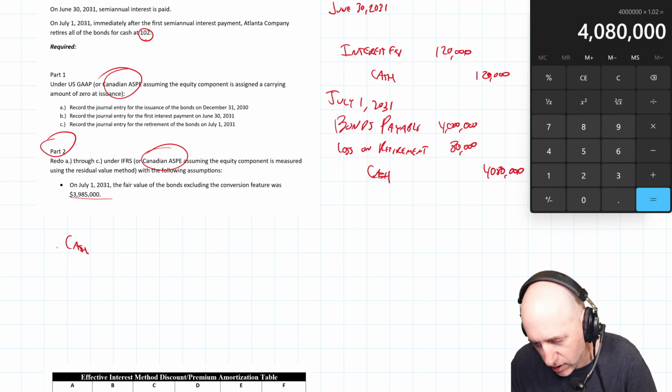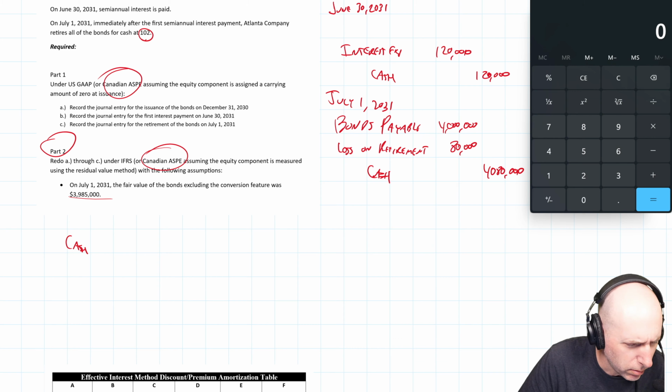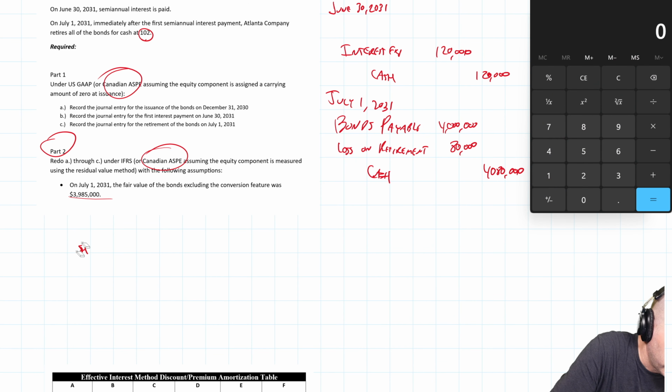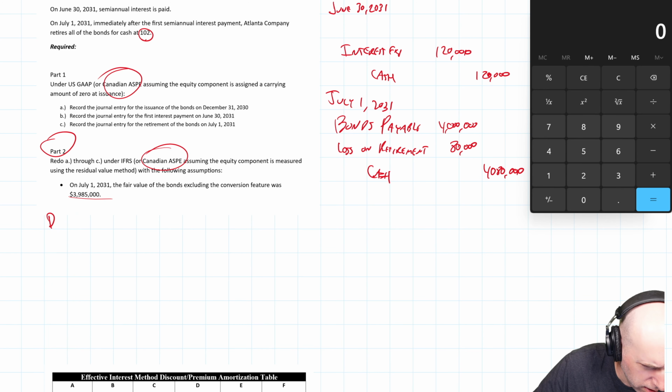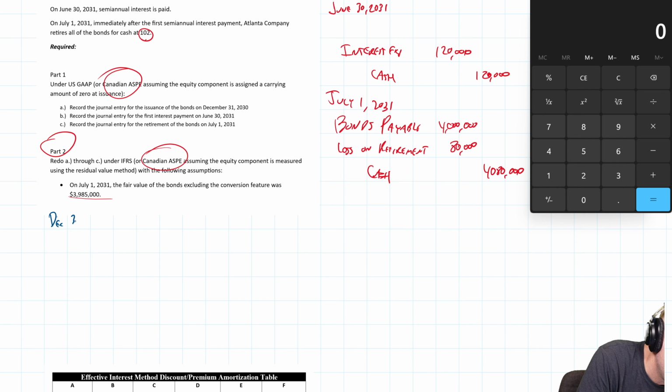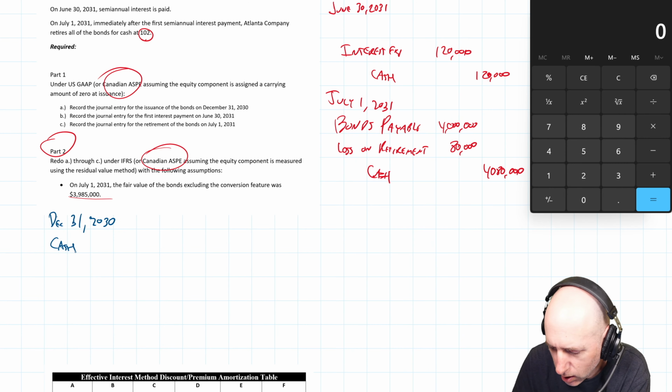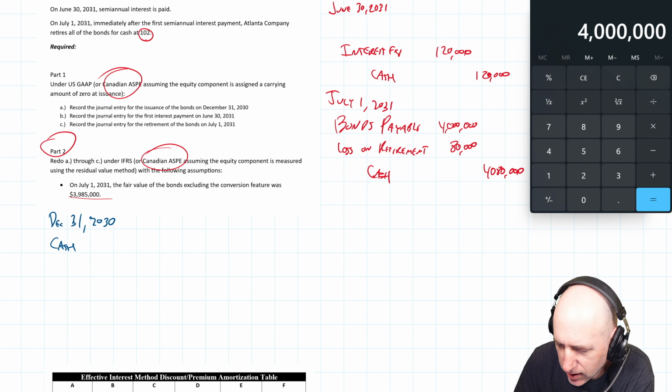Now, I'm going to change this number, but let me do this in blue ink, actually. So it is December 31st, 2030. And we debit cash for $4 million times 99%.